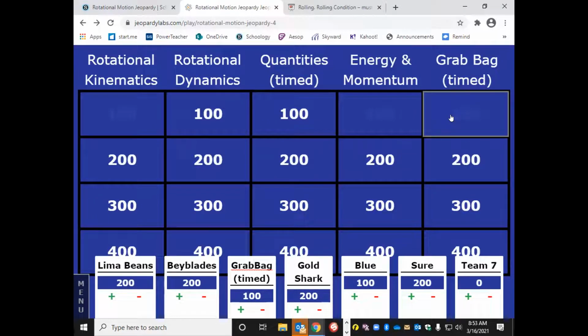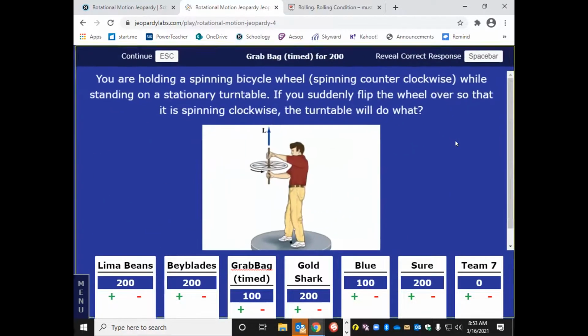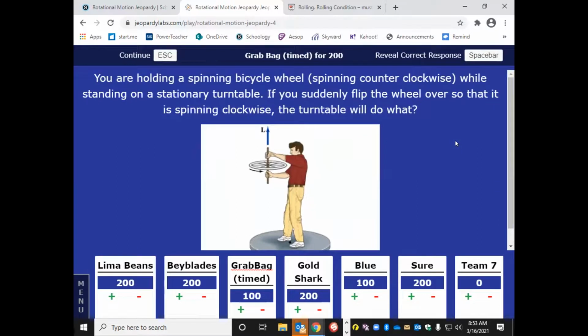All right. Okay. You are spinning a bicycle wheel while standing on a stationary turntable. If you suddenly flip it over so that it's spinning clockwise, what will your turntable do?